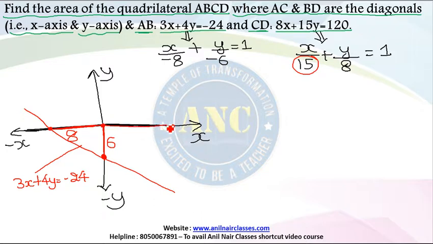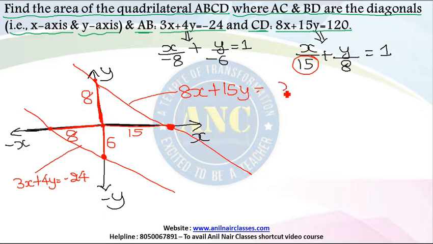Similarly, y by 8, toward the positive y-axis travel 8 units. If I join these 2 points, the join will give me the line. That line is nothing but 8x plus 15y is equal to 120.